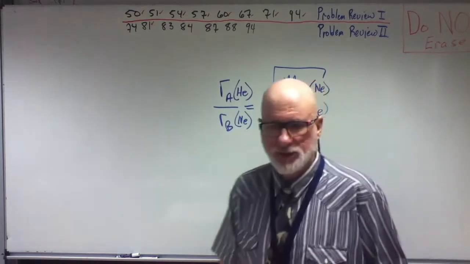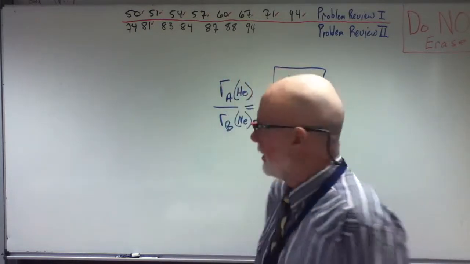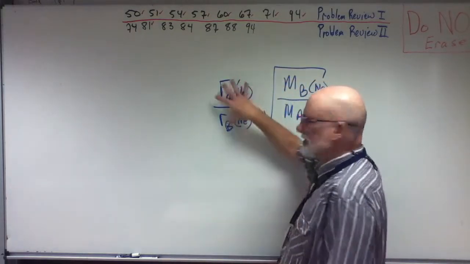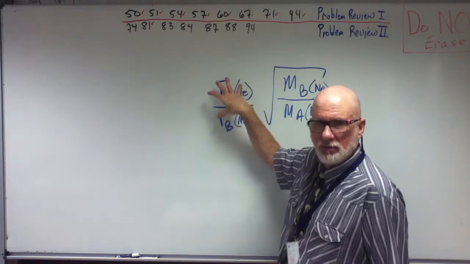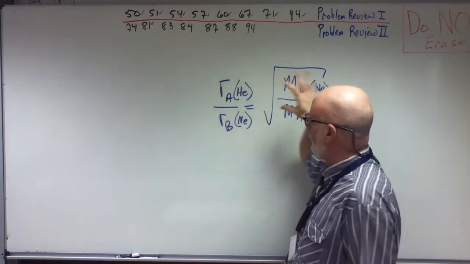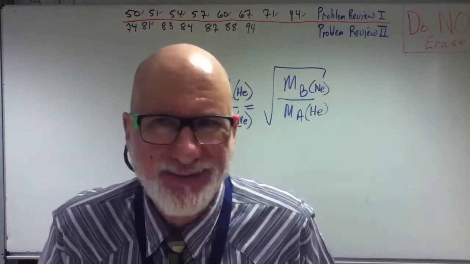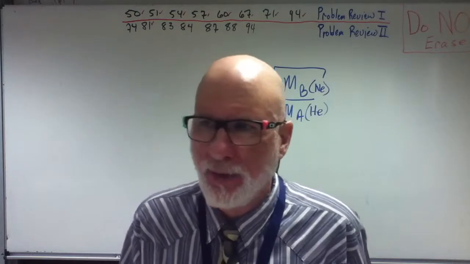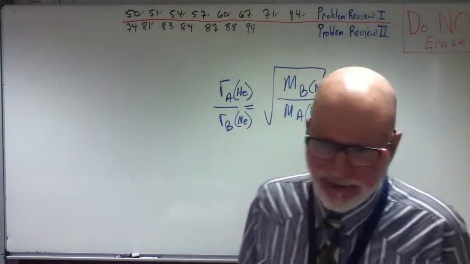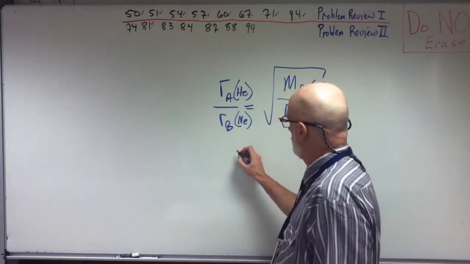Correct? Yes or no? Is that easy? Yes? So you want this ratio to equal this. What is the only data we have? It's not really data. What do we have? What's the molar mass of neon? 20 grams.